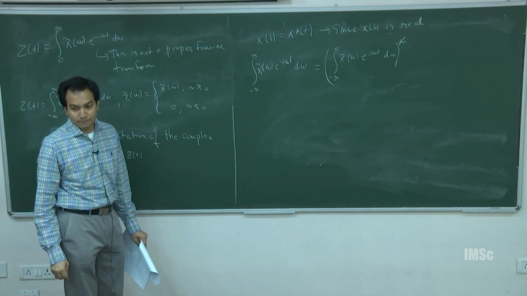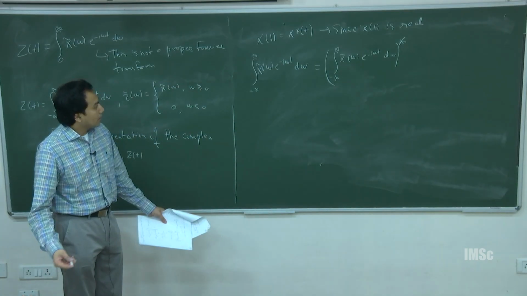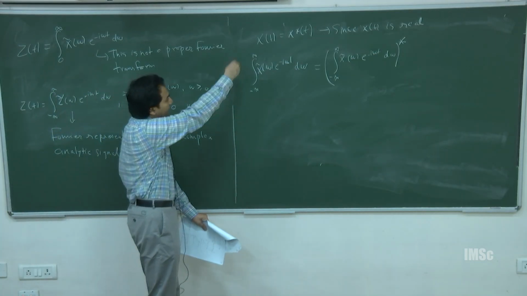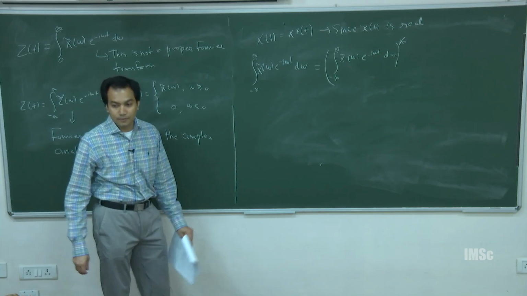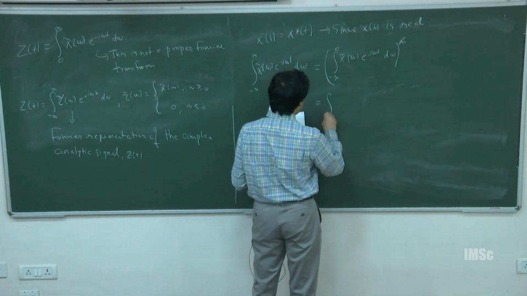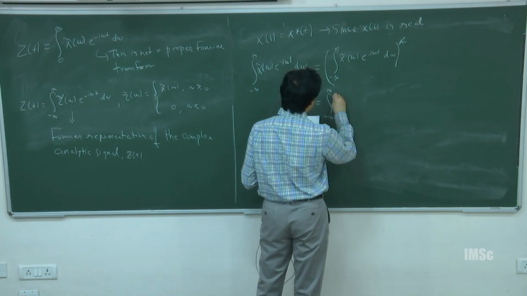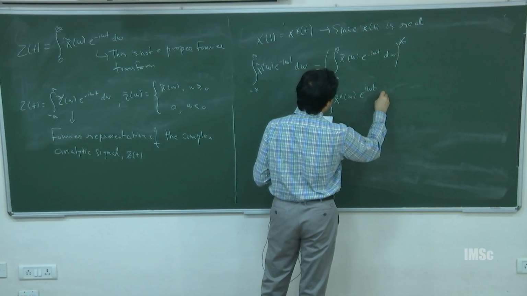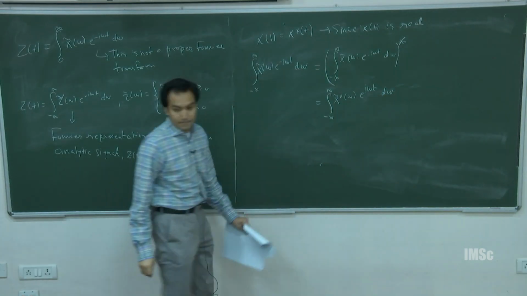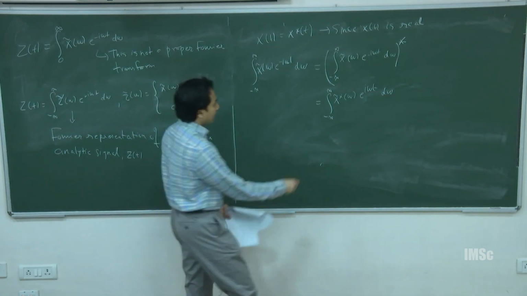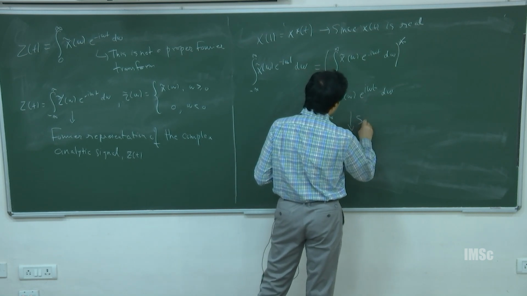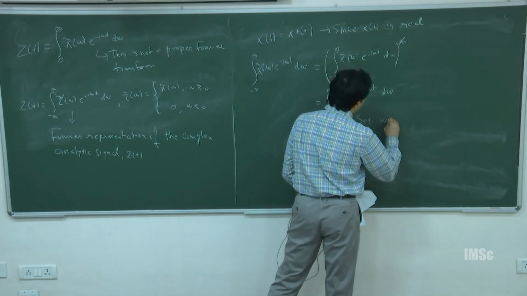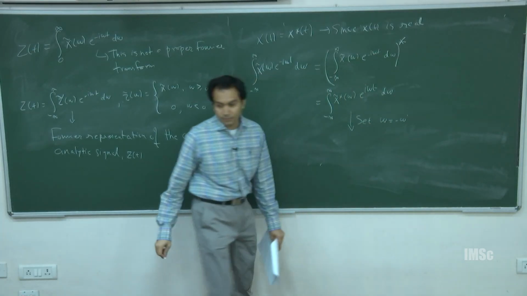If x of t equals x conjugate, since it's real, then this follows from the definition of x of t in terms of its Fourier transform. So it becomes plus i omega t d omega. Now, in the integral on the right hand side, let us just set omega equals minus omega prime.